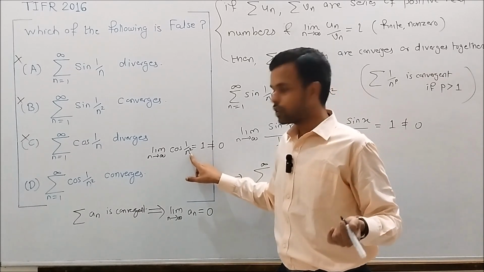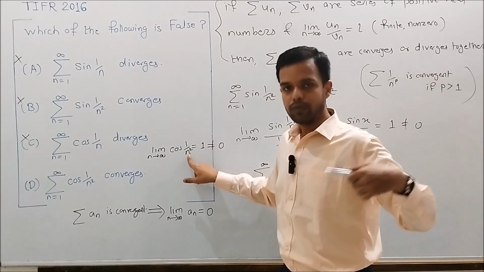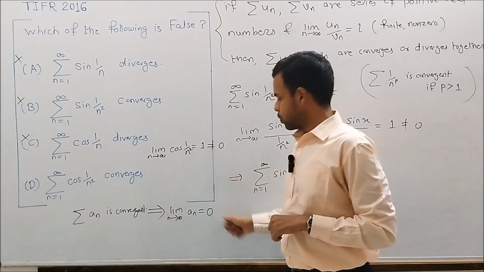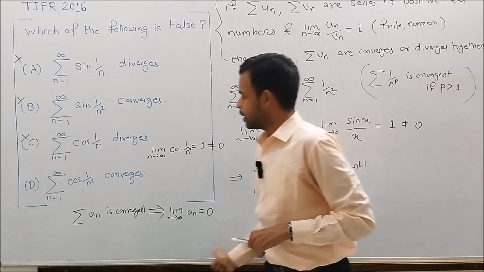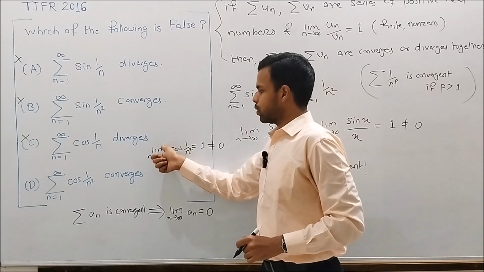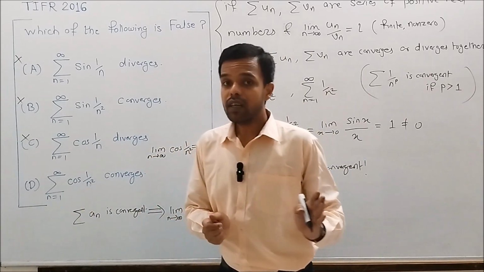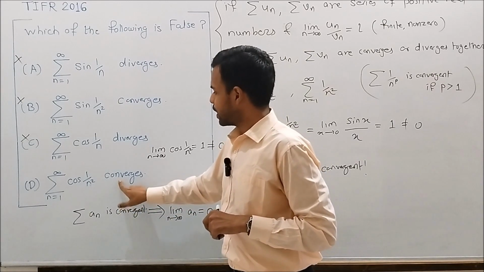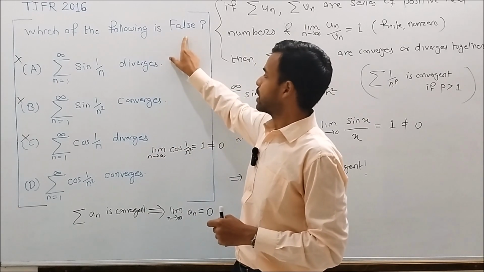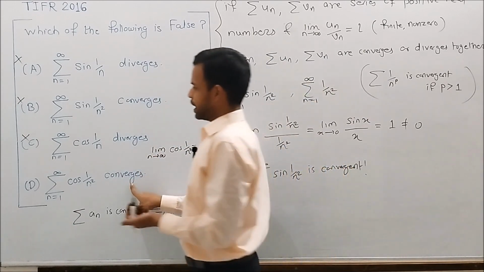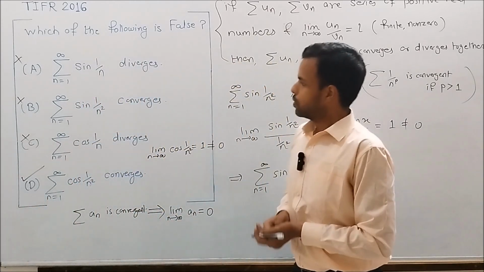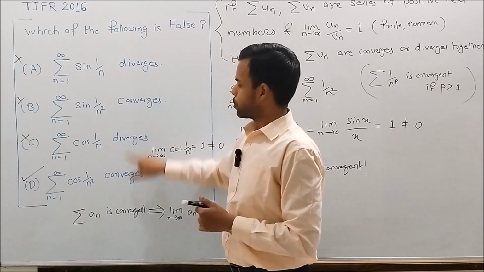As n tends to infinity, 1 upon n square goes to 0, so cos of 0 is 1, not equal to 0. So this series cannot be convergent. But it is given that it is a convergent series, so this statement is false, and we have to select the false one. So the answer is option D.